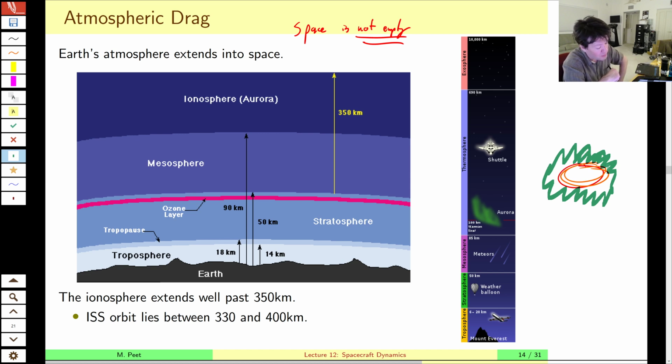farther away. But it's a continuum, and all into space there's particles of atmosphere.